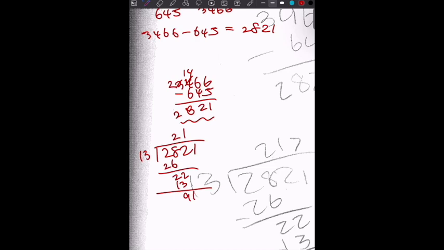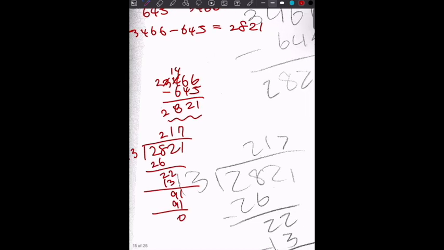And that is going to be divisible. But another way to do this is, even though we got 2,821, it's still quite big for us. So we're going to take that step again and see if that number is divisible by 13 or not.